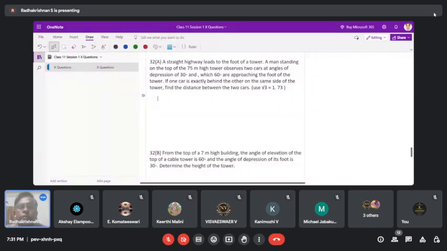Let's go to this problem. A straight highway leads to the foot of a tower. The tower is something like this, a vertical tower, and this is a highway.